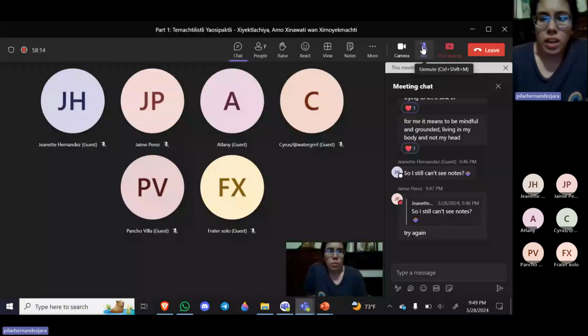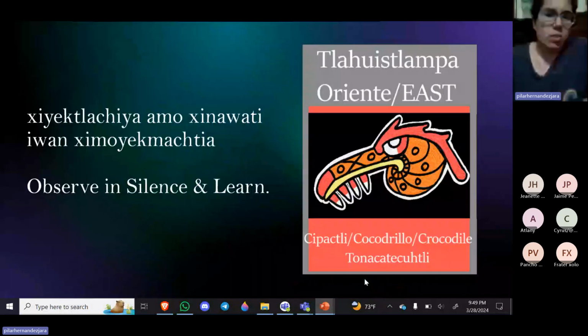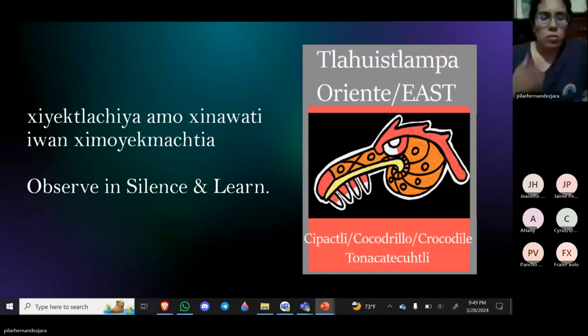Yes. So I have some notes from Temachtilistli's classes about the specific phrase "Zipaktli." So "she" in Nahuatl is like a suggestion, and "ye" is like to say do something well, and "Tlachia" is to look.